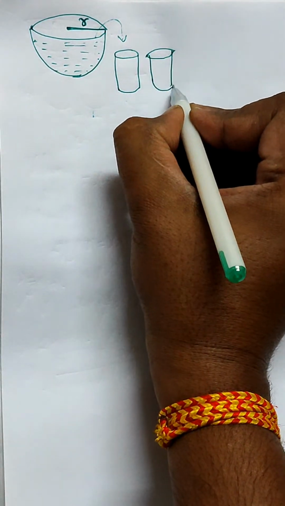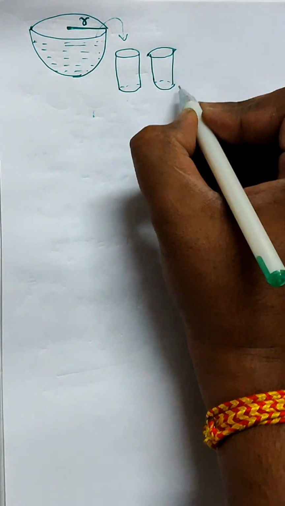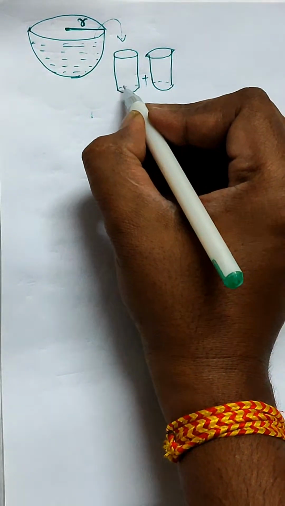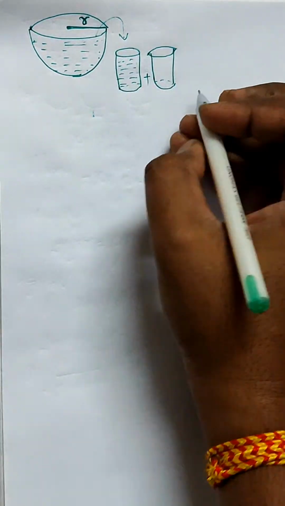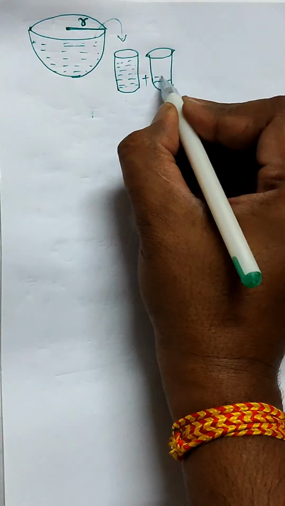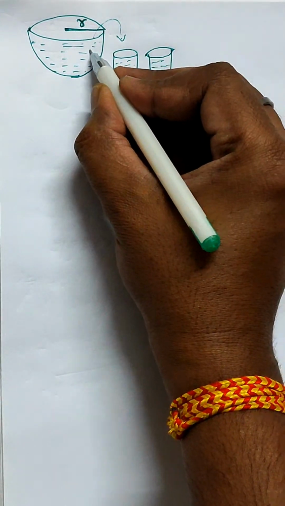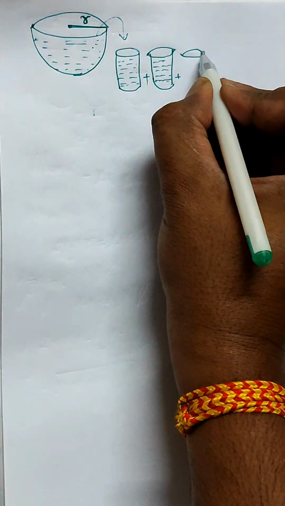If all of these are symmetrical, then this liquid will be filling up into this cylinder. After this, the same liquid will be filling up into the second cylinder, and again the leftover liquid from the bowl will be filling into the third cylinder.